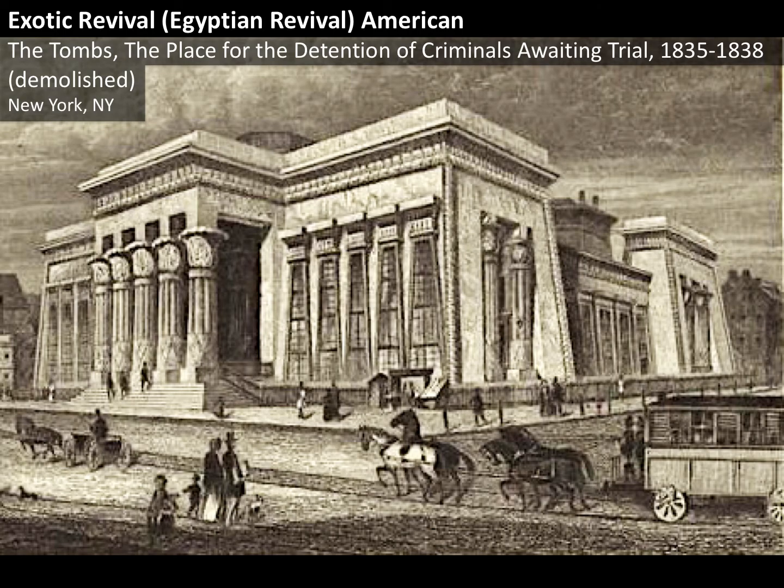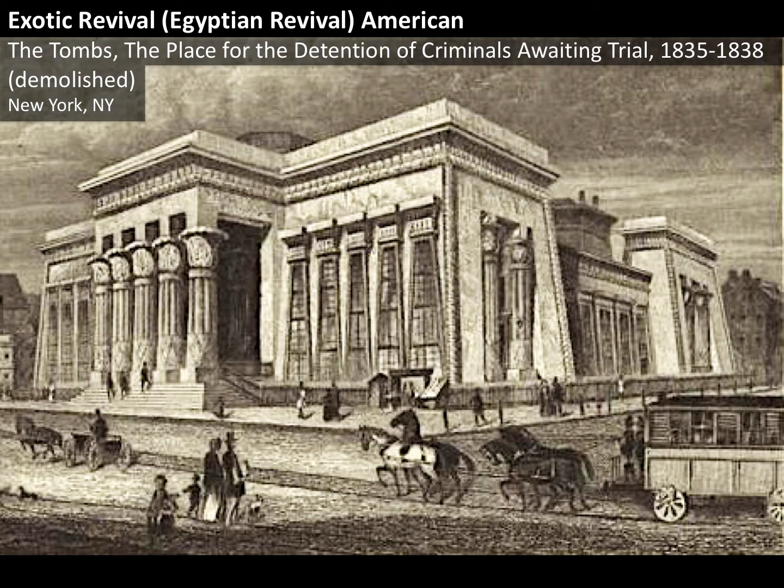And I just have to show you this next building. This is still exotic revival, and we're still in America, but this is Egyptian revival. Now, this is the Tombs, which is in Lower Manhattan, New York. It's the jail for criminals awaiting their trial. And look at this building.